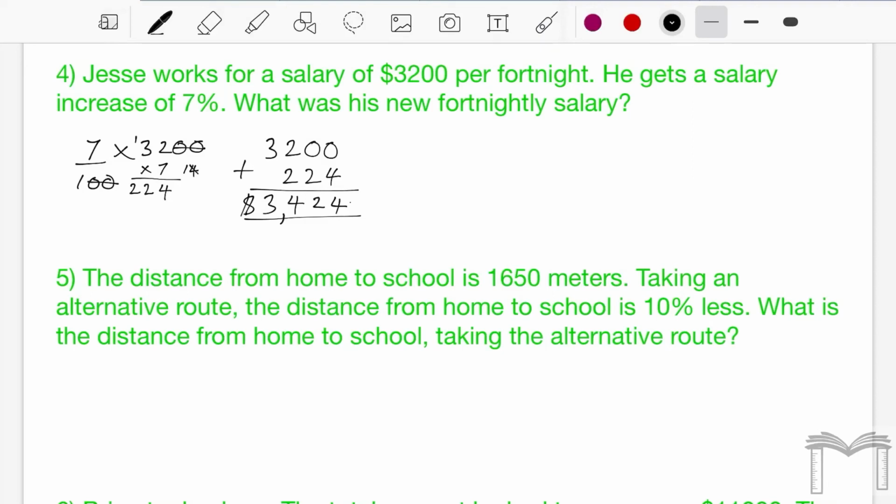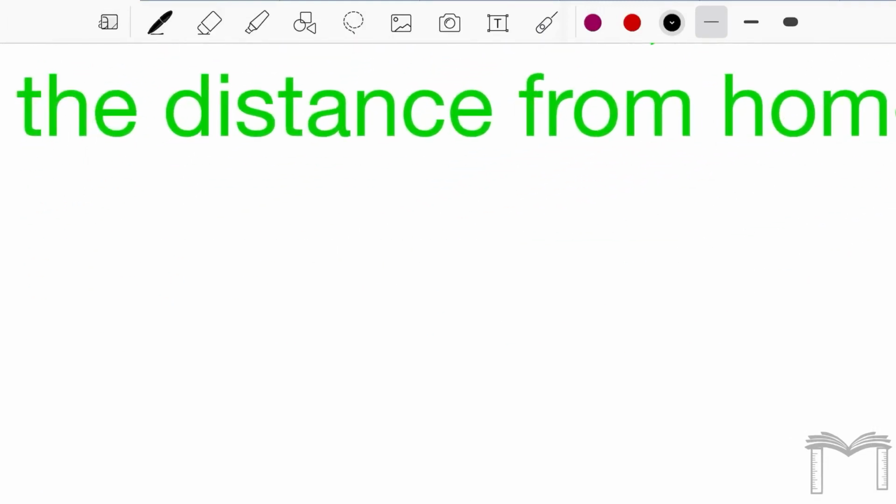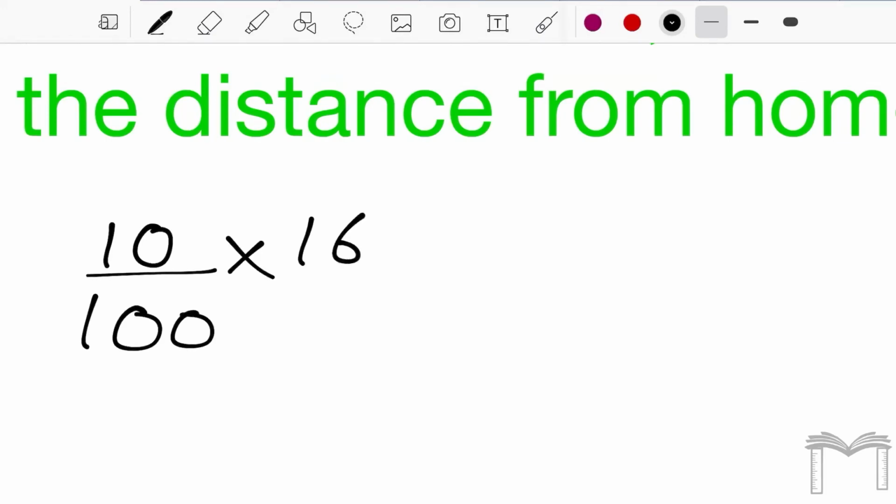So let's find 10%, and if it's less, we must subtract this from the original distance. 10% of 1650. Cancel 1 and 0 on top with 1 and 0 below.